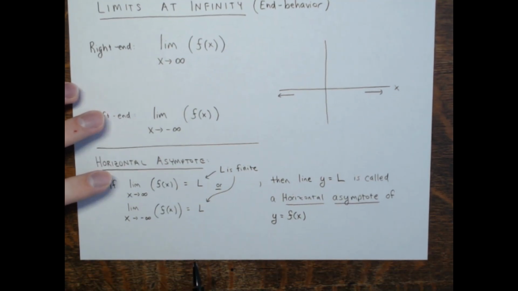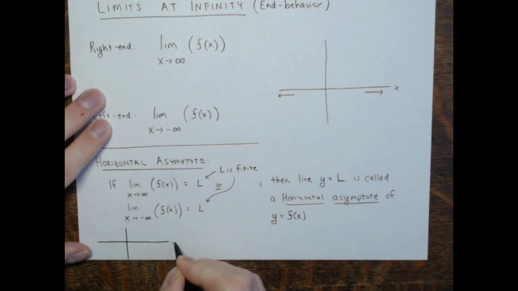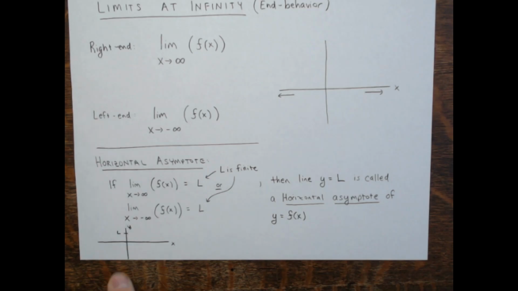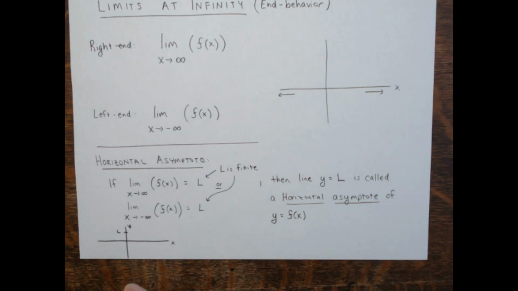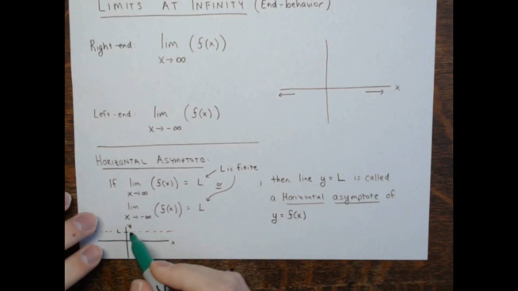Okay, so in a picture, real quick in the lower corner here, so again, you're at your xy plane. Now say L is some value here on the y-axis. So the horizontal line y equals L would be considered a horizontal asymptote if the graph is approaching.